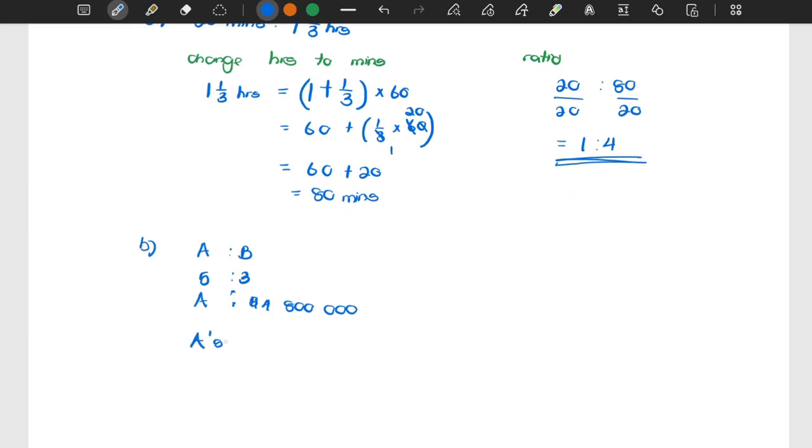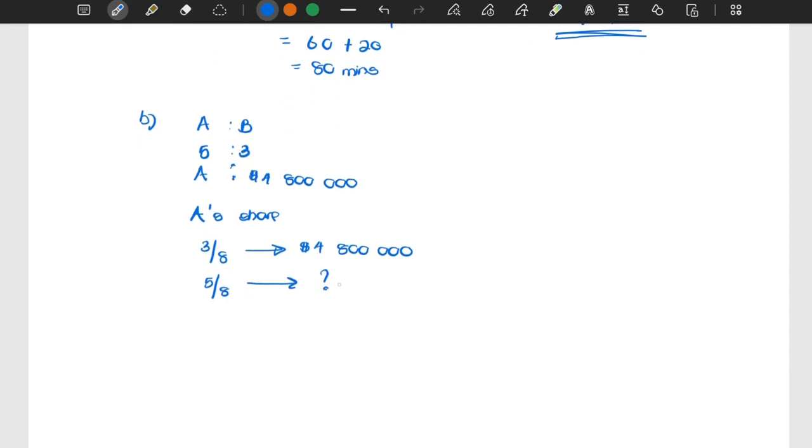So again, in fraction, we are saying B will be 3/8, because that's the total of the ratios, is 4,800,000, and A is 5/8. What is that value, right? It's going to be more because 5 is greater than 3.